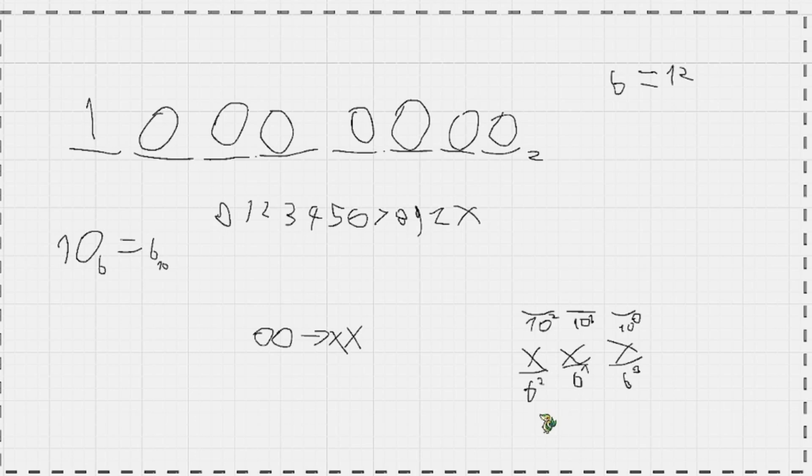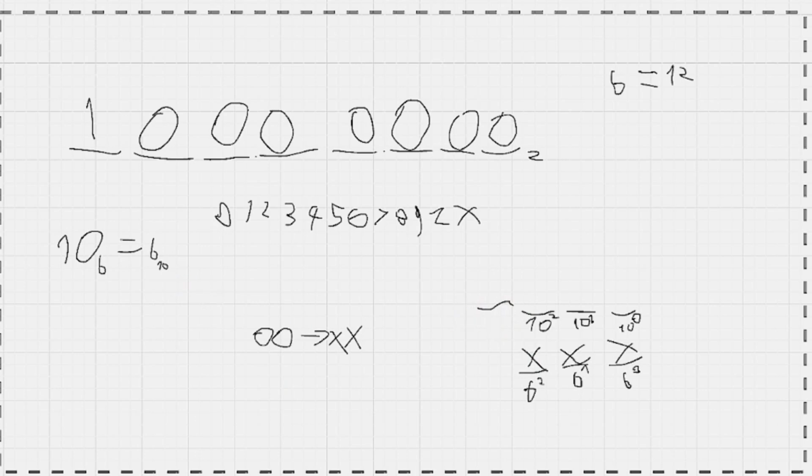So, 11 times 144 plus 11 times 12 plus 11 times 1, which is equivalent to 1,727, which does require an extra place. Great.